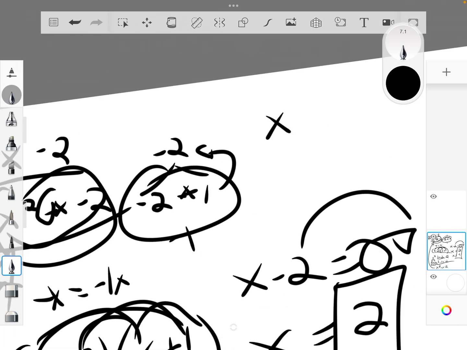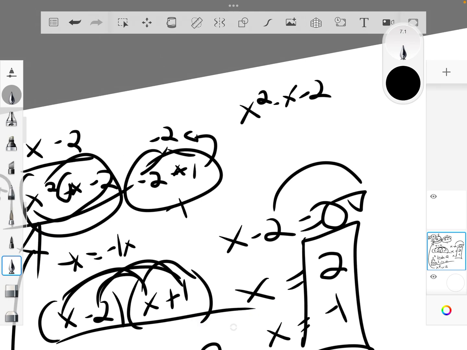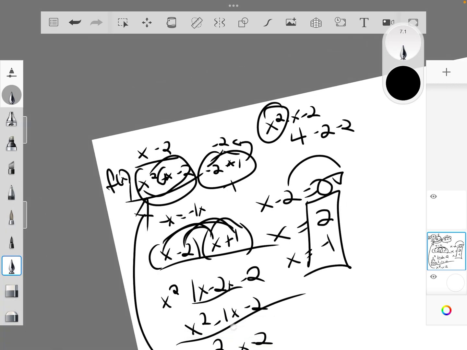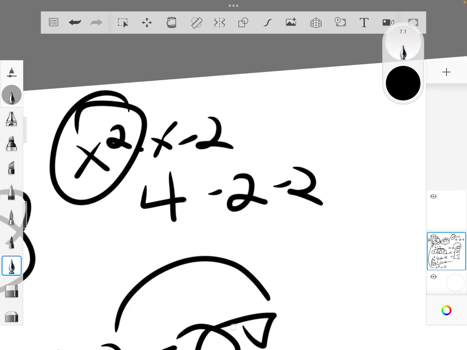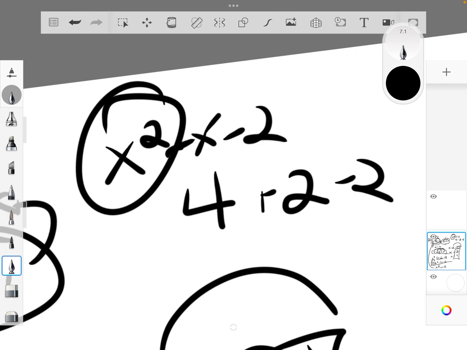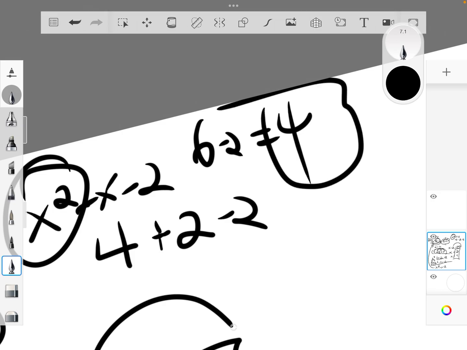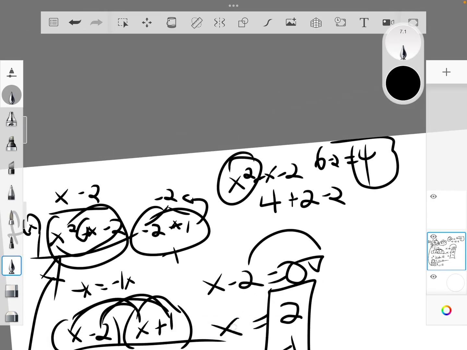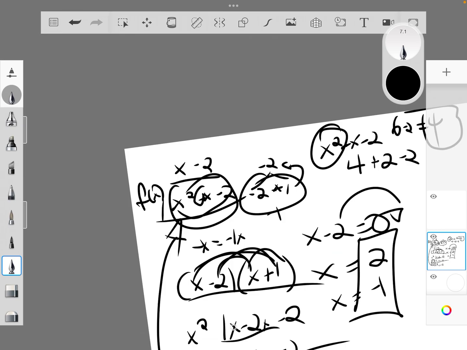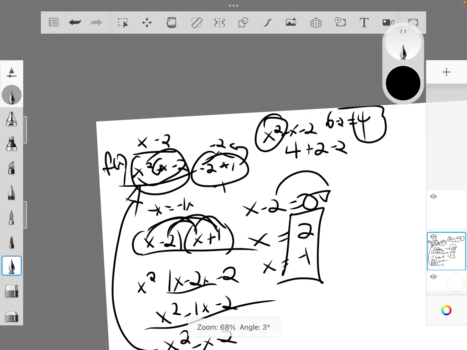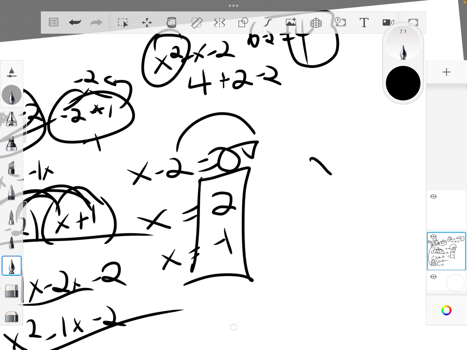Because if it's negative 2, negative 2 squared is 4, minus negative 2 is plus 2, minus 2, gives 4. It's positive, it's not even 0. We're just avoiding 0. So x cannot be 2, and x cannot be negative 1.